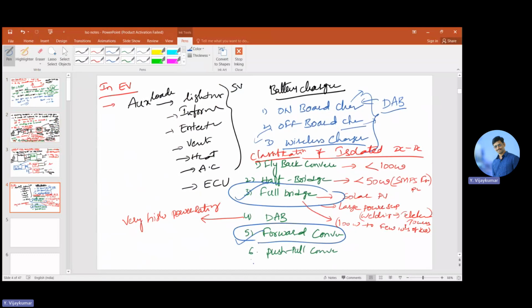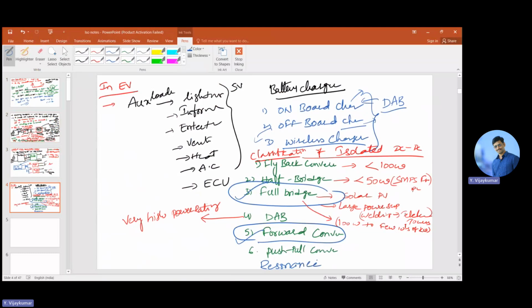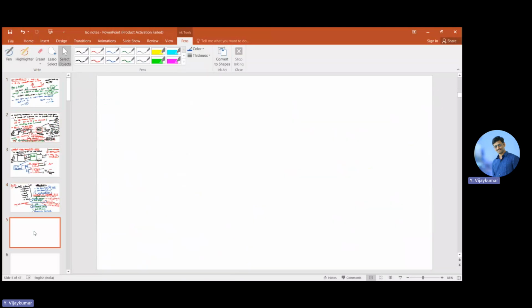Then we will also move to the resonance converters. Okay. So these are the techniques of soft switching. Okay. So first we will discuss the forward converter. The first topic in the isolated converters is forward converters.